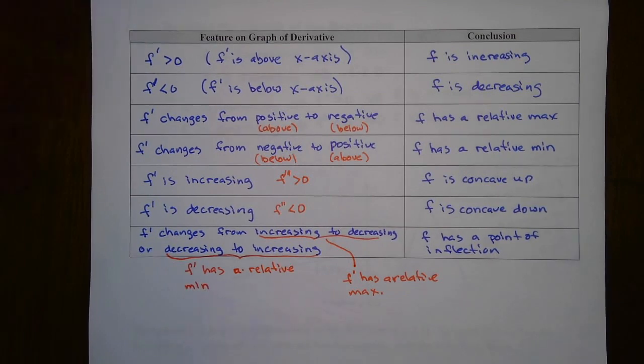Now you can't give that for justification, but if f prime has a relative max, that would mean it's changing from increasing to decreasing. And if f prime has a relative minimum, that would mean it's changing from decreasing to increasing, which means you have a point of inflection there. So that's just some added features that might help you out to determine.